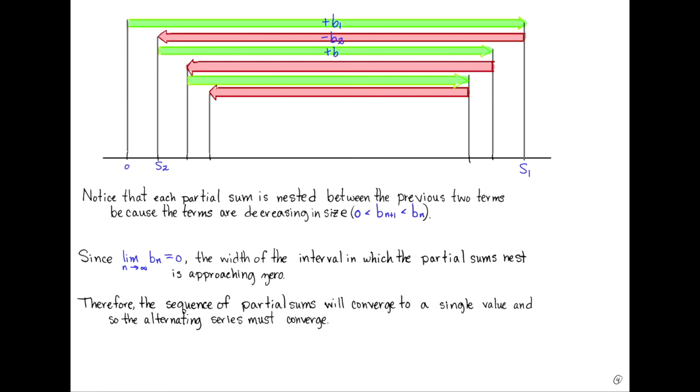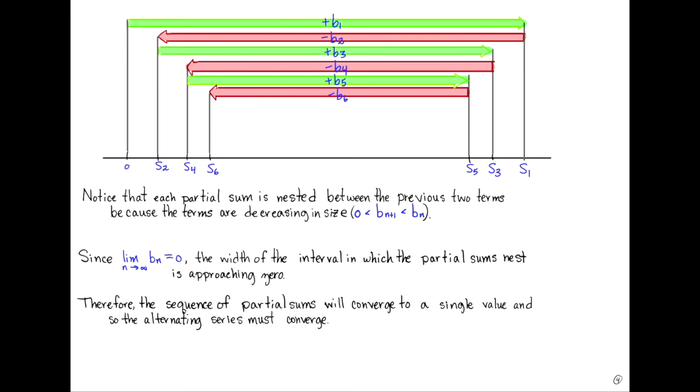Adding b sub 3 to s sub 2 gives us s sub 3. To find the next partial sum, we add the next term, which is a negative b sub 4, giving us s sub 4. We add the next term, a positive b sub 5, giving us s sub 5. The next term in our series would be a negative b sub 6, giving us s sub 6.